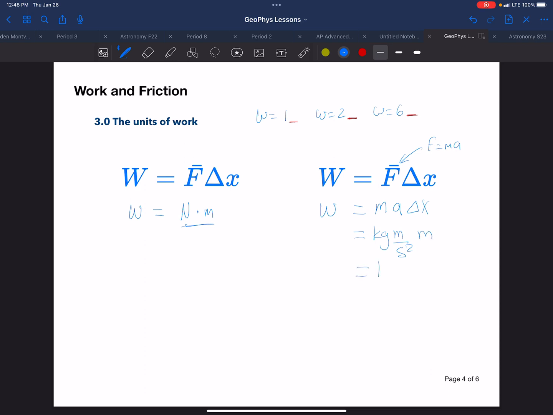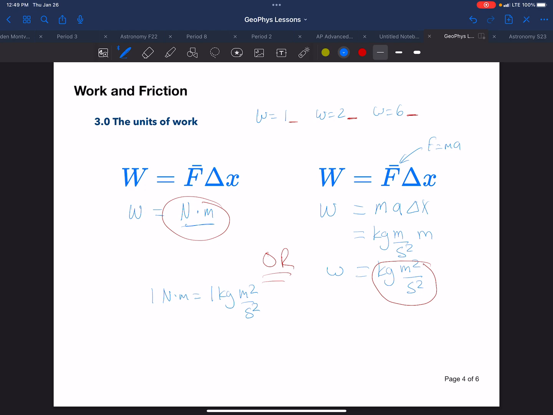So when we combine these, we end up with kilogram meters squared per second squared. So the units of work are newton meters or kilogram meters squared per second squared. We can safely say that 1 newton meter equals 1 kilogram meter squared per second squared.